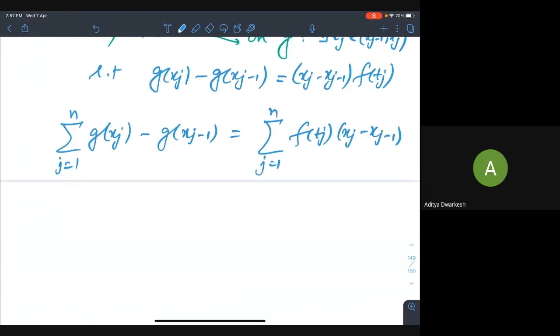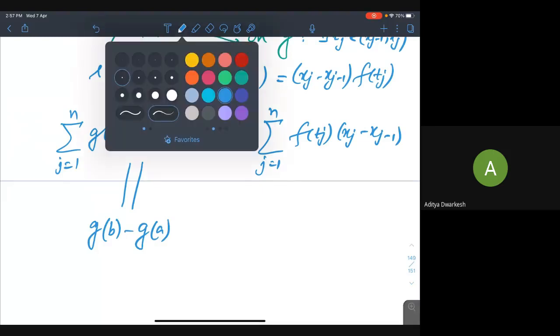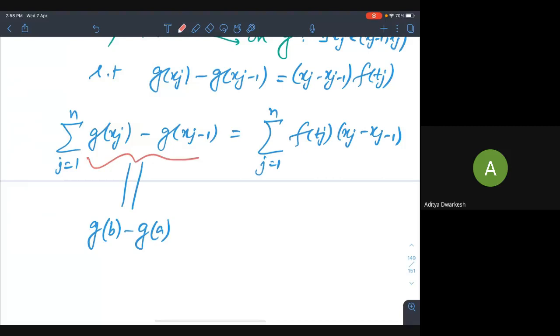Now you see this part automatically comes as g(b) minus g(a), and this part does not depend on the partition. So g(b) minus g(a) is equal to this one.